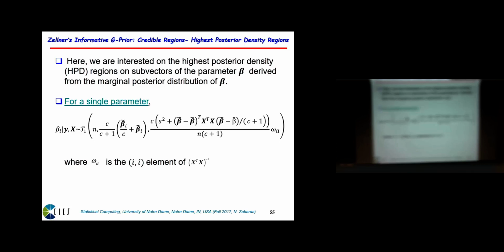What you see here is the Student t distribution written separately for each coefficient. Everything is defined here. Omega i is the diagonal i element of X transpose X inverse. These are the i components of the prior mean and the MLE estimate, and everything is known here.